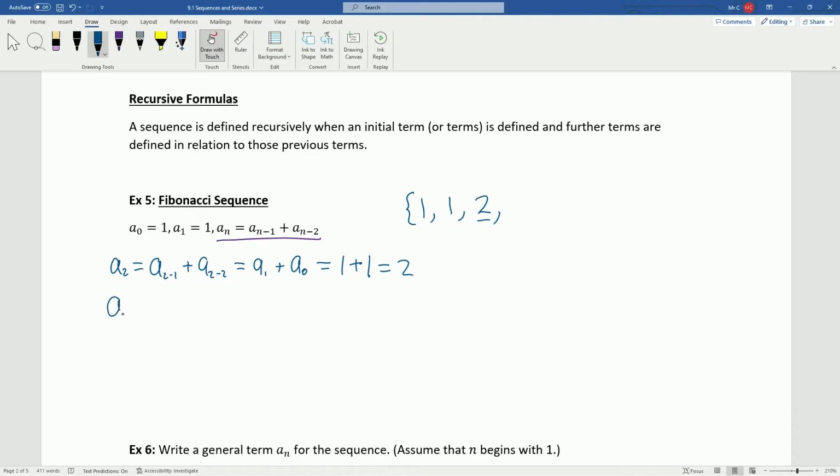So now if I want to look at A3, well, I apply 3 as n in my formula, I get a sub 3 minus 1 plus a sub 3 minus 2. That's really just a2 plus a1. What's a2? a2 was 2. We found that in the last step. a1 is 1. 2 plus 1 is 3.